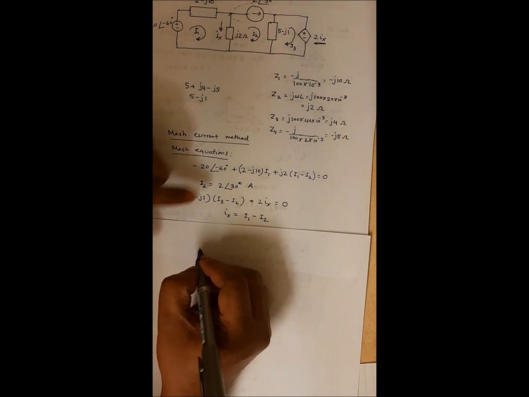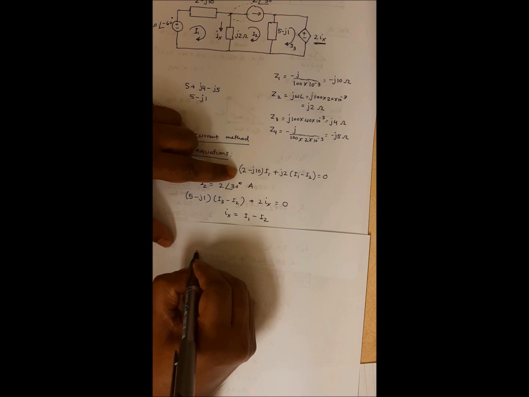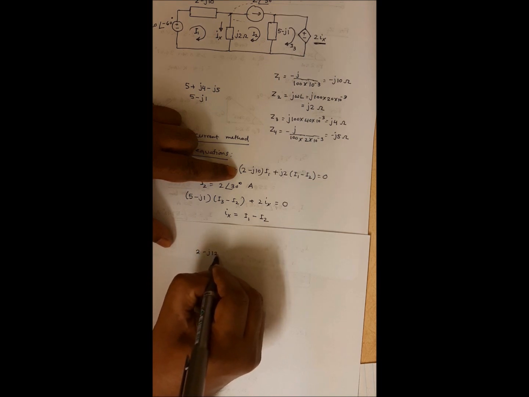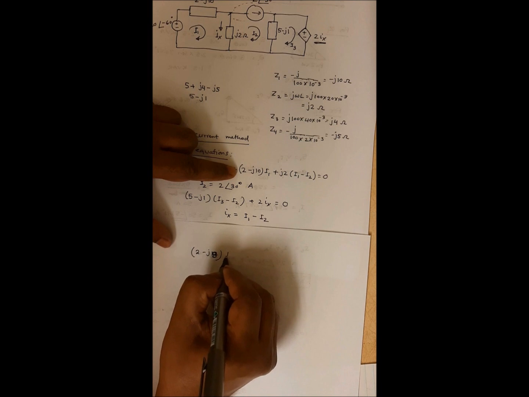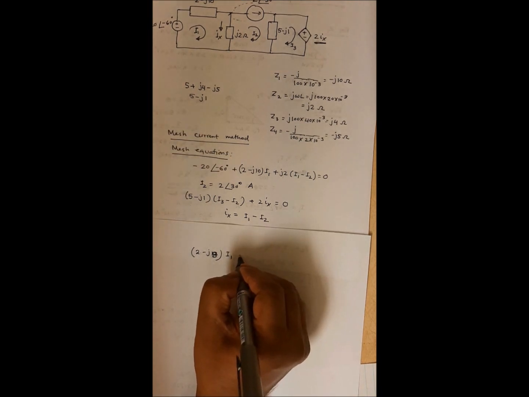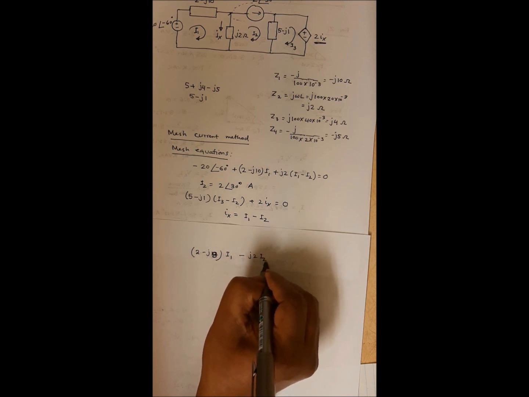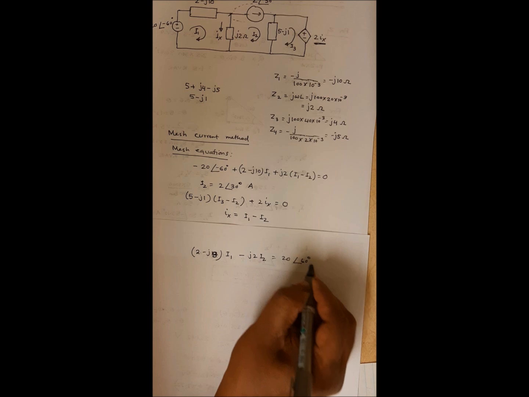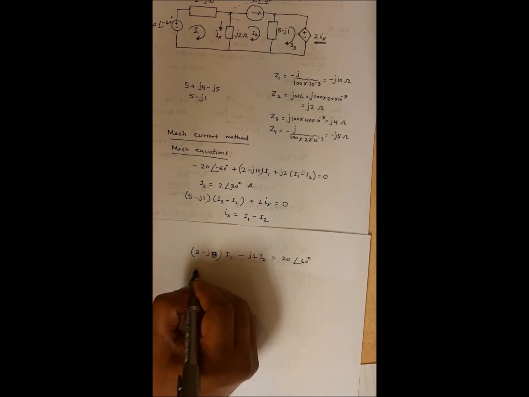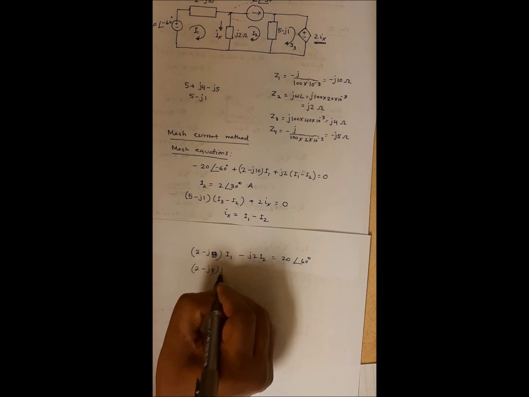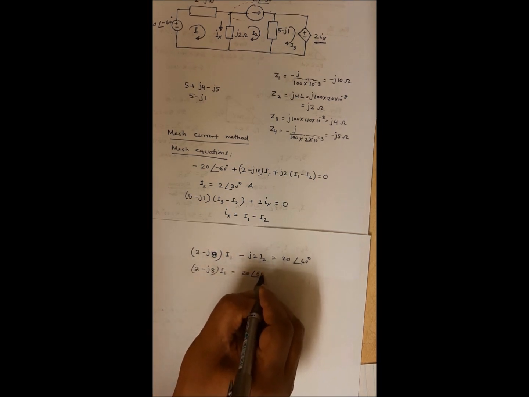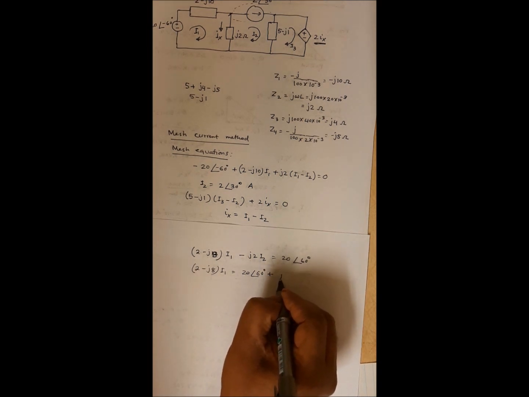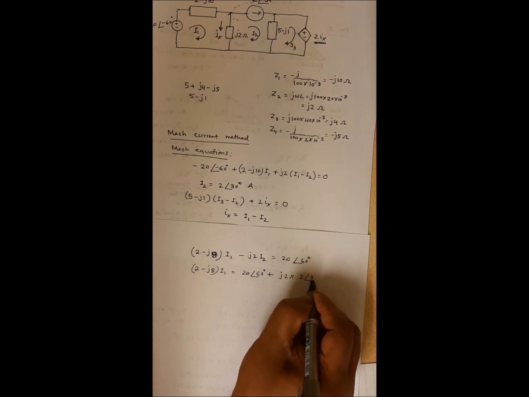So now if I want to simplify these equations, you can write it like 2 minus J10 minus J8 I1, then J2 I2 equal to 20∠60, and I2 is given, so I2 is known, so you can write 2 minus J8 I1 equal to 20∠60 plus J2 times 2 angle 30.